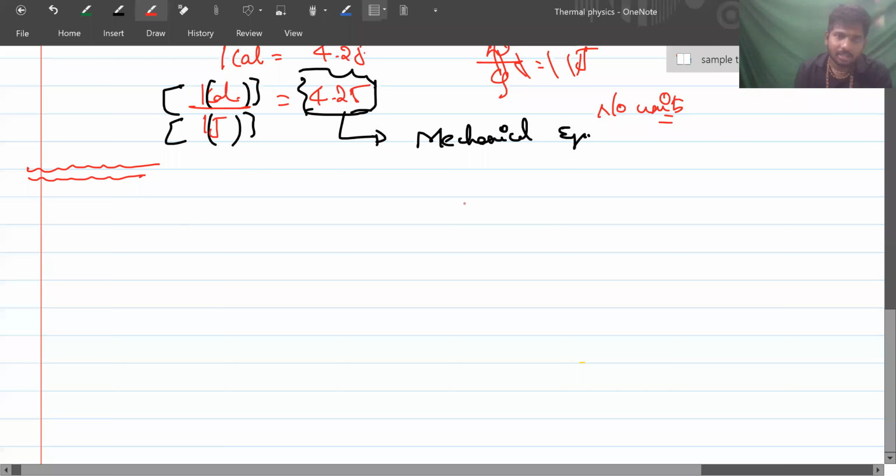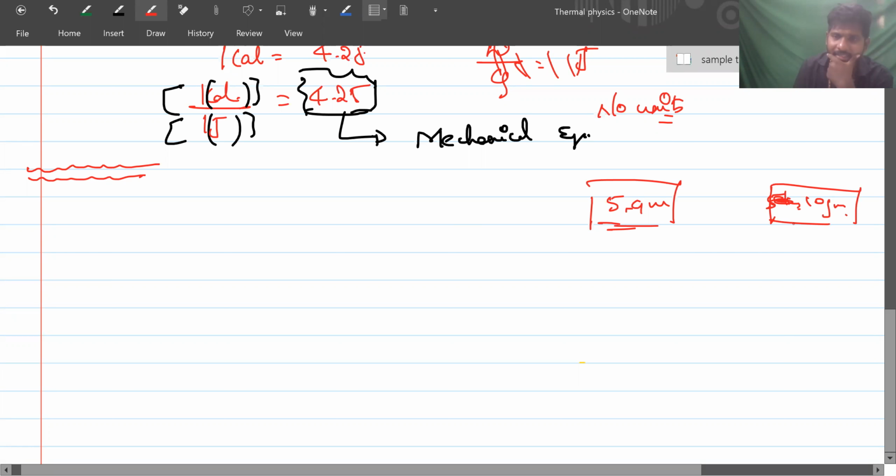First, suppose you have 5 grams of mass, or otherwise 10 grams of mass, of water, for example.